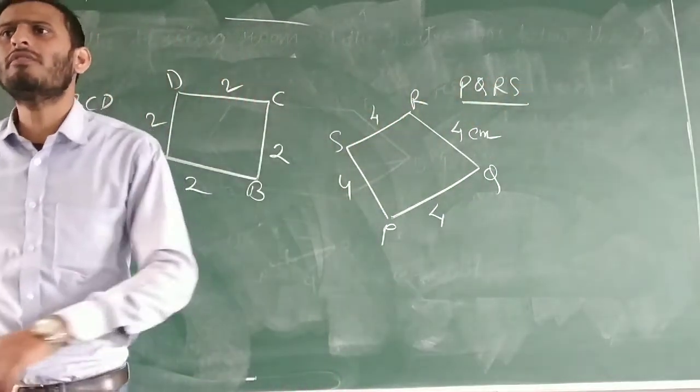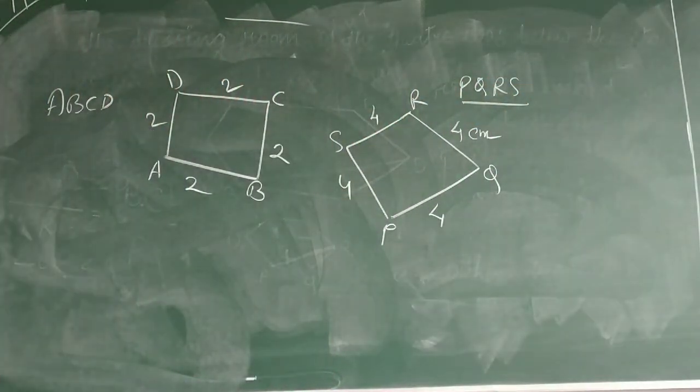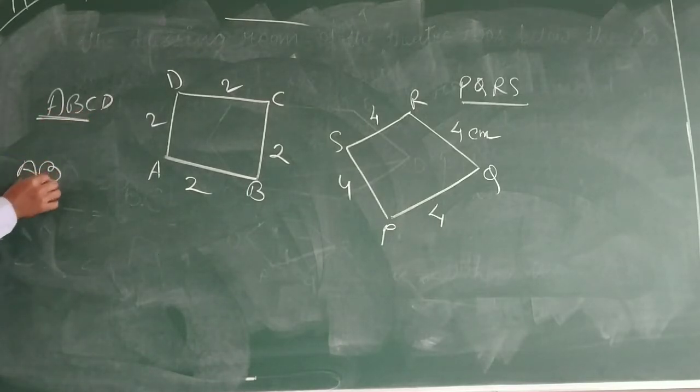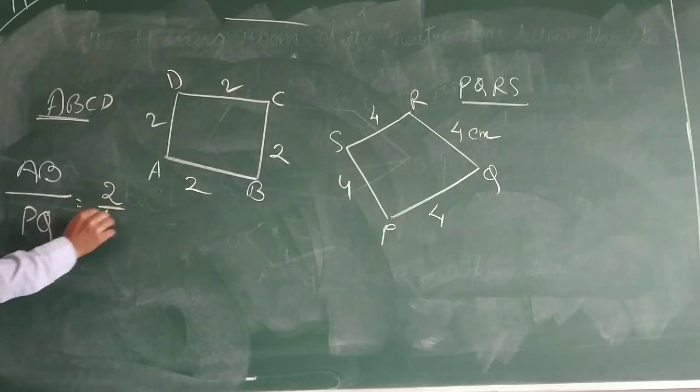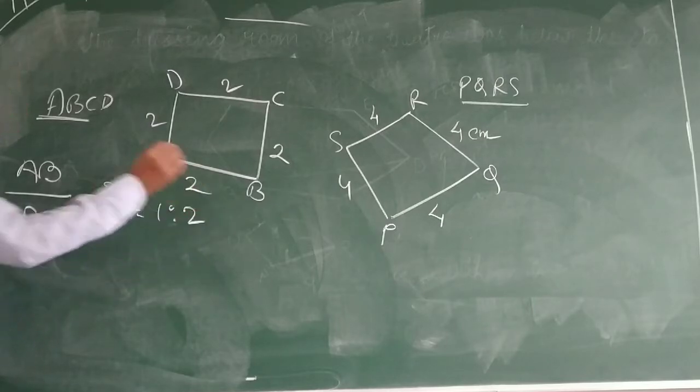Now, if you want to find the ratios of their corresponding parts, AB by PQ, what will you get? 2 by 4, the ratio will be 1:2.